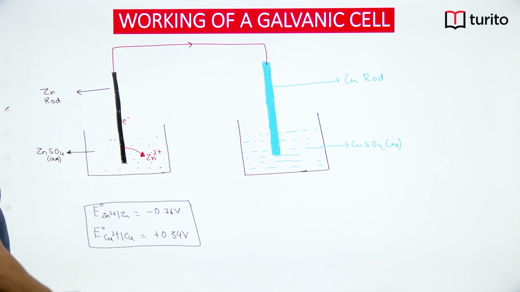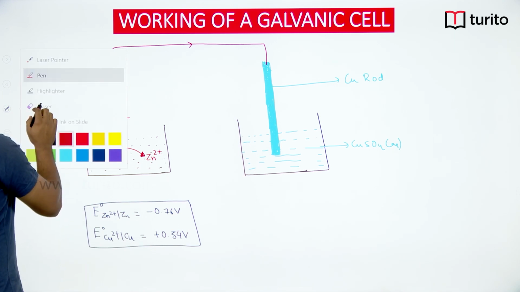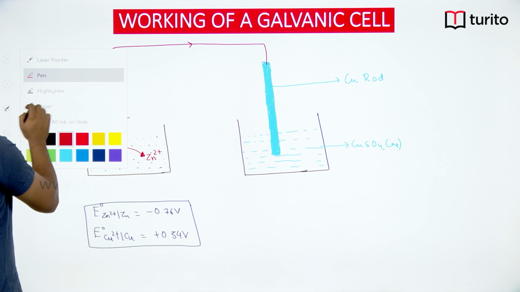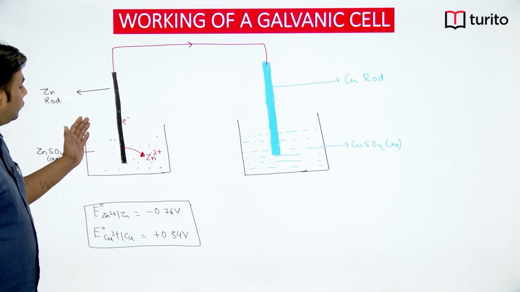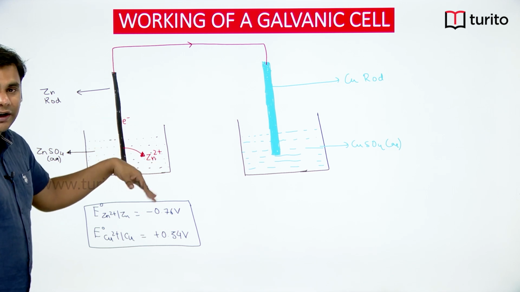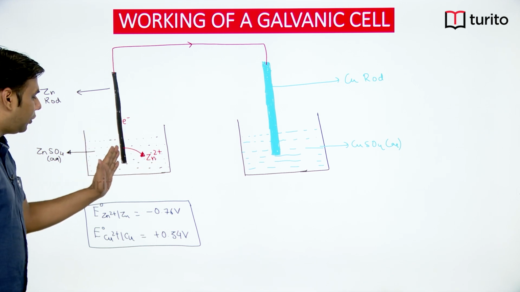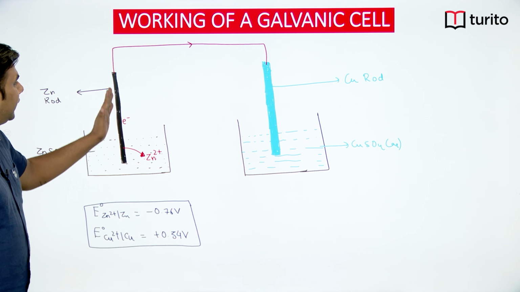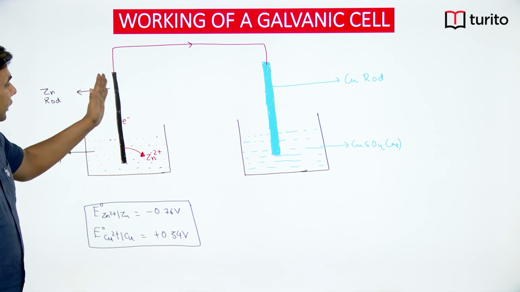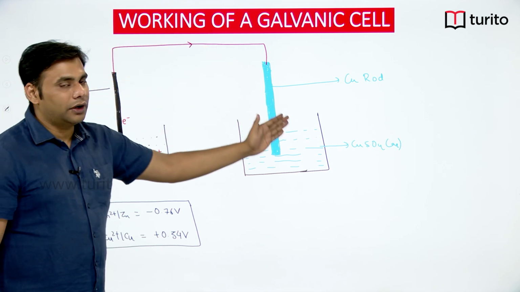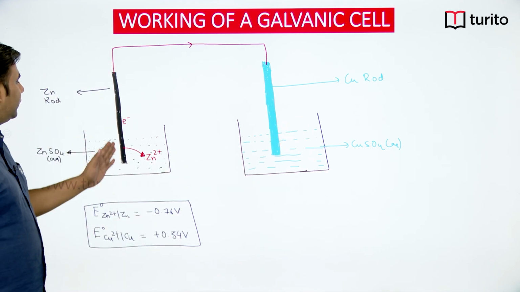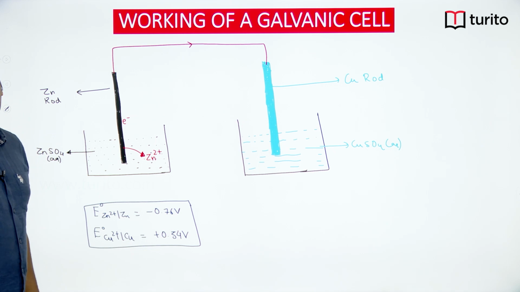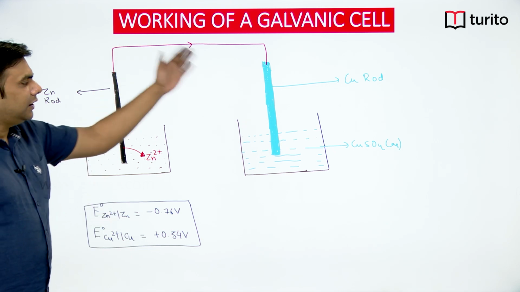So what happens over here is, on oxidation zinc is changing into zinc 2 plus. Every time zinc 2 plus is added into the solution, and the electron which is liberated is on the rod, which is connected through a conducting wire to the other half of the cell. So this electron passes to the cathode, or to the copper cell.